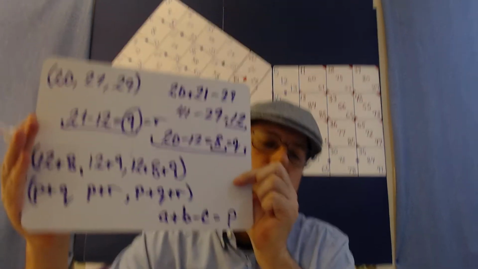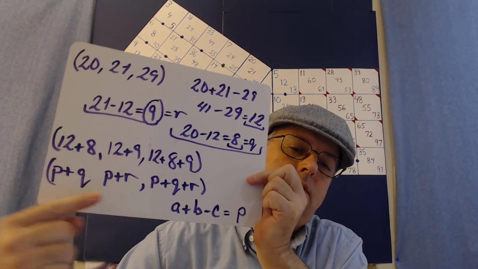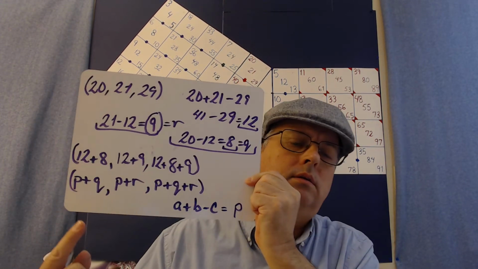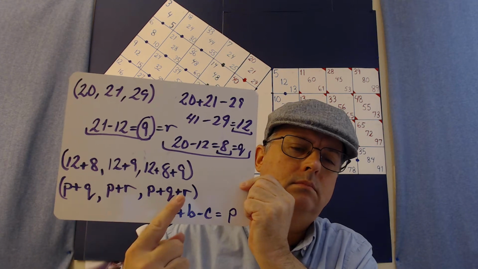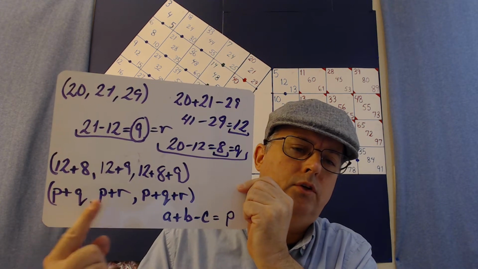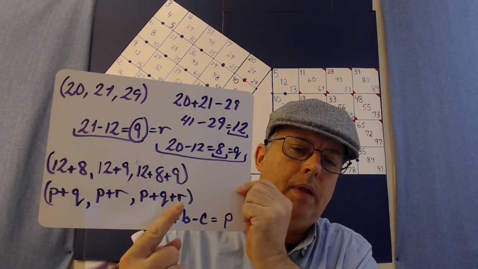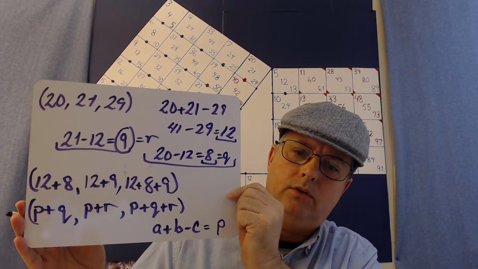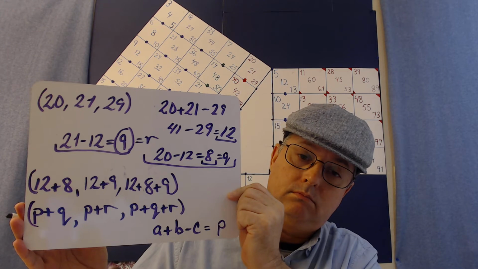Okay, so we can write Pythagorean triples in this manner. And so the next thing we might wonder about is, does this p plus q and p plus r and p plus q plus r, is that a solution to the Pythagorean theorem? Well, let's find out.